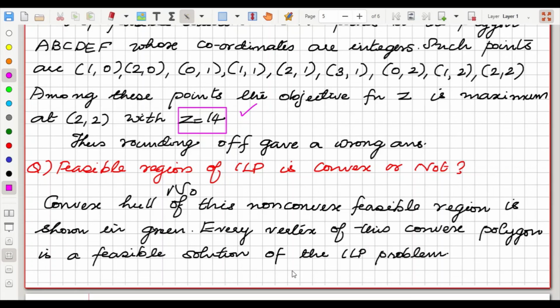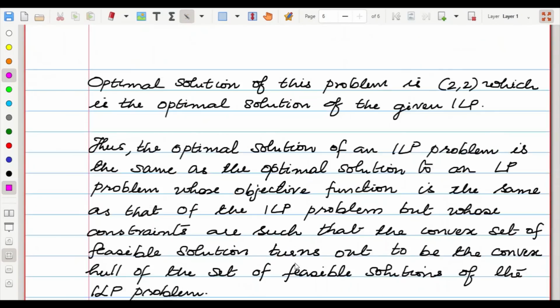Is the feasible region of integer linear programming convex or not? No. The convex hull of this non-convex feasible region is shown in the green region. What are the conclusions? Actually, the optimal solution of this problem is (2, 2), which is also the optimal solution of the corresponding linear programming problem.